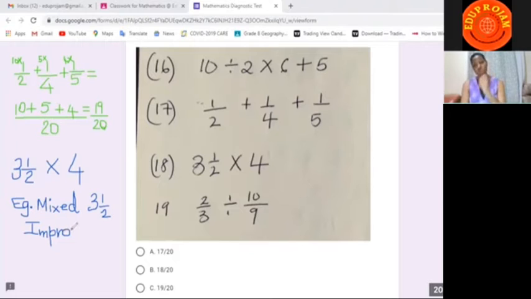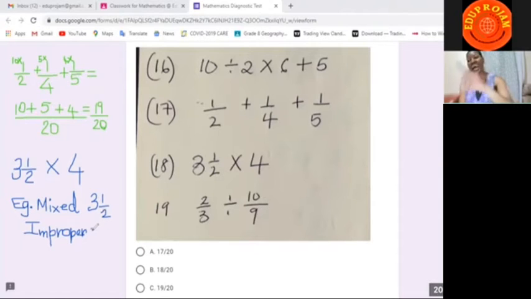All right, so guess what now? To do the improper fraction, we can change a mixed number into an improper fraction. What we do, we say the denominator multiplied by the whole number plus the numerator, all divided by the denominator. So let's go again. The denominator multiplied by the whole number.